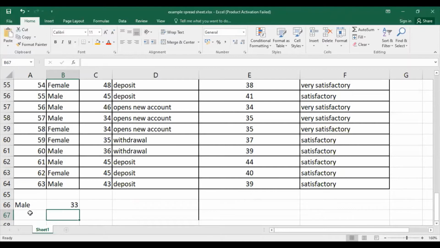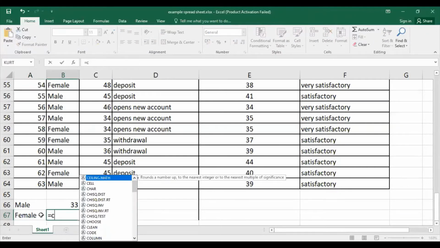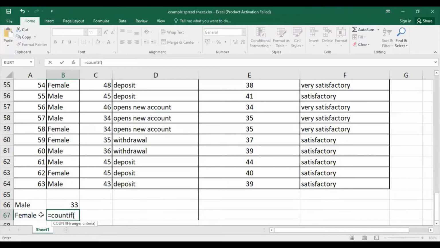Okay, so again, we just make use of the equal sign, equal Countif, and then the range, and then the criterion. Next, we have female. Okay, so Countif, and then our range from B2 to B64, and the criterion, which is female.